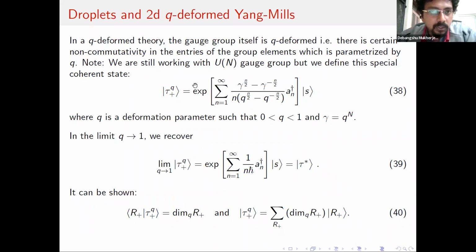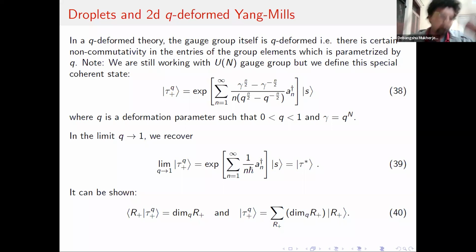Okay. Now, I also promised that I'm going to make a few comments on certain variants of Yang-Mills theories. The particular variant that I'm going to talk about is what is traditionally known as q-deformed Yang-Mills theory. The standard story is that when you have q-deformed Yang-Mills, this deformation parameter q is something that you introduce in the gauge group.